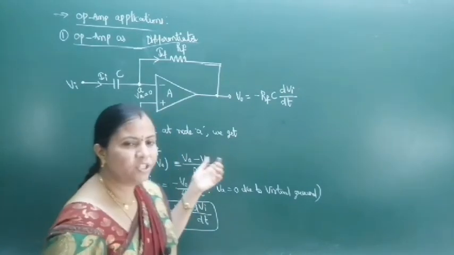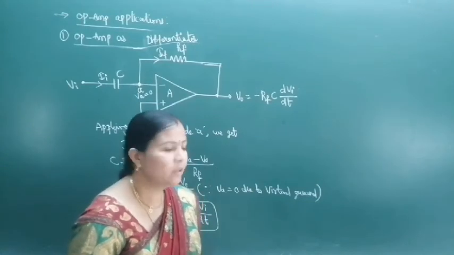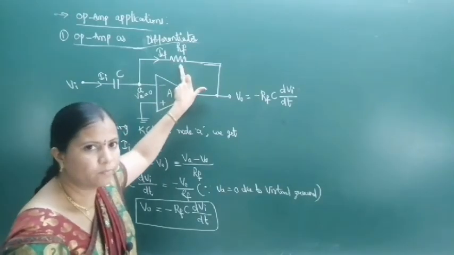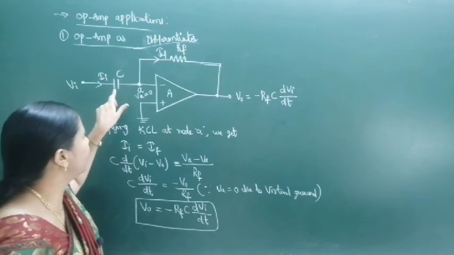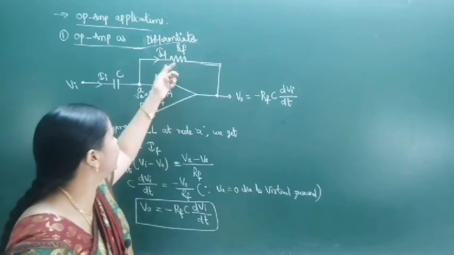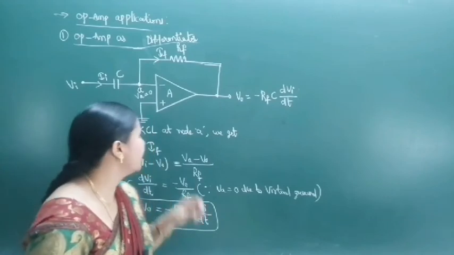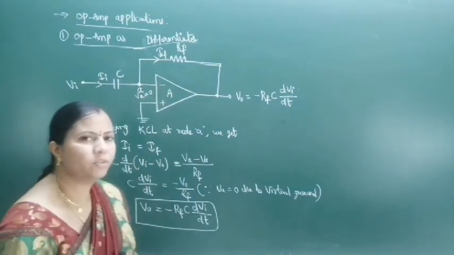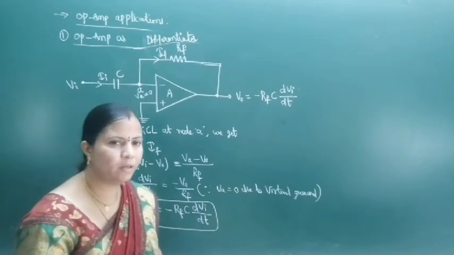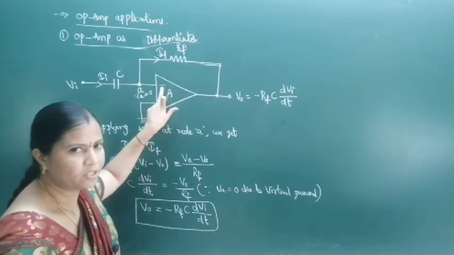The op-amp differentiator circuit is the same as the integrator circuit, but here we are swapping the capacitor and feedback resistor. In the integrator we connected a resistor at the input and a capacitor in feedback, but in the differentiator we connect the capacitor at the input and the feedback resistor in feedback. We connect the input signal to the inverting terminal of the operational amplifier.